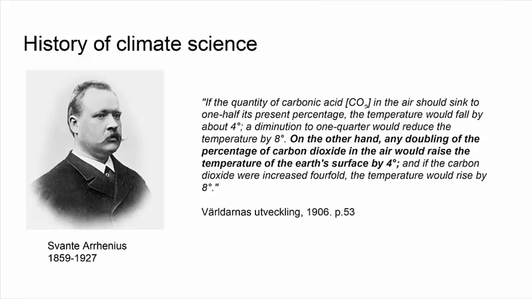Without any of the global climate models we have these days, he was able to estimate that any doubling of the percentage of carbon dioxide in the air would raise the temperature of the Earth by 4 degrees. He was able to estimate this in the late 1800s, and surprisingly, this number, which we'll learn about in tomorrow's lecture, the climate sensitivity, is pretty in the middle of what estimates we have today.